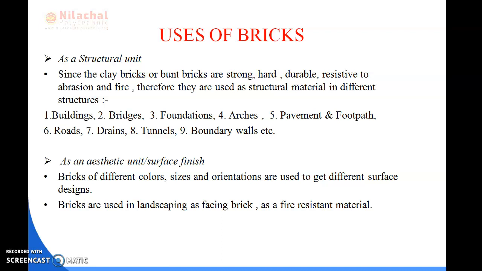In the previous slide I taught you about bricks, what the uses of bricks are, what bricks are, and what the compositions of good brick earth are. So we will give a quick review of the previous slides. You all know what we mean by bricks.